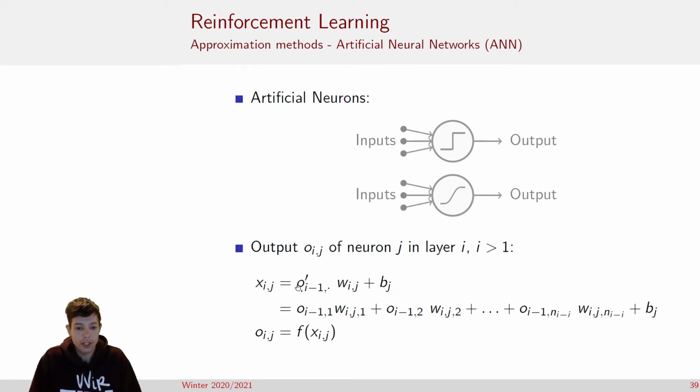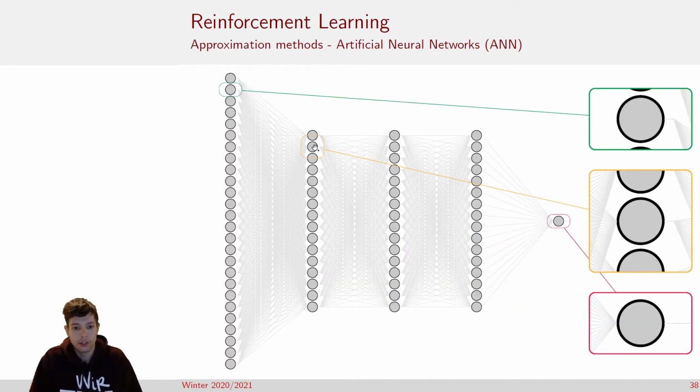So this would then be x_ij, so let's just call this the value of neuron j in layer i. So for example, of the second neuron, so j is 2, of the second layer, then i would also be 2.